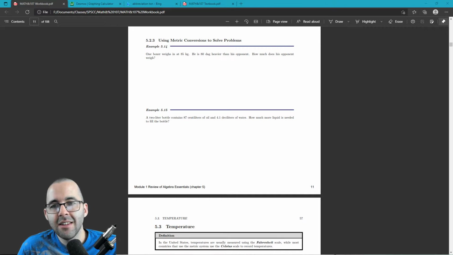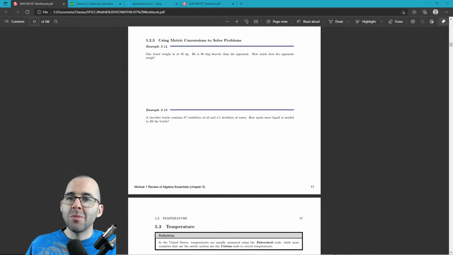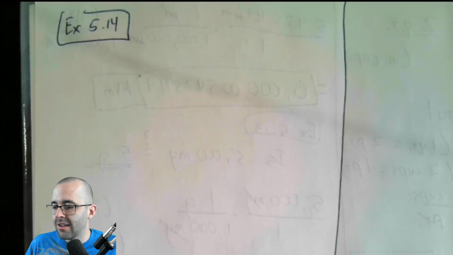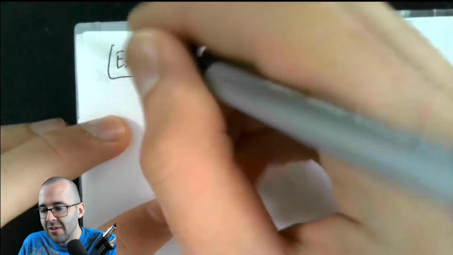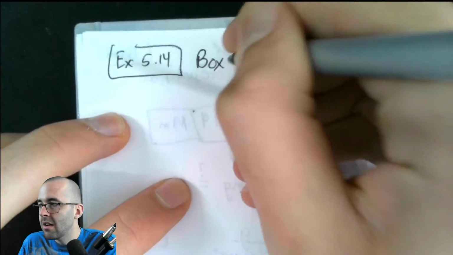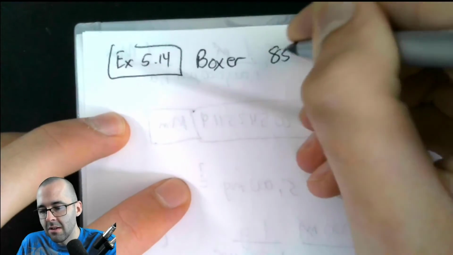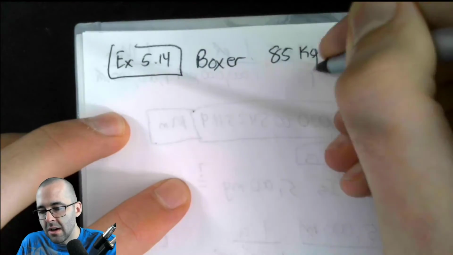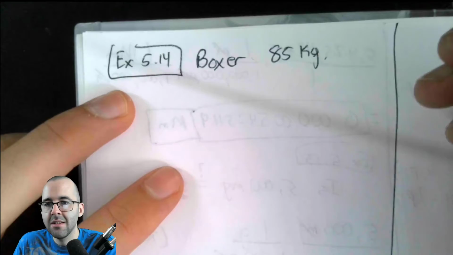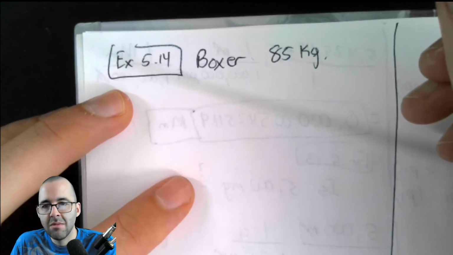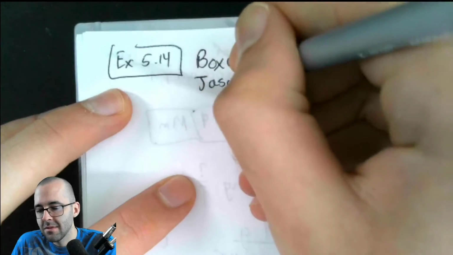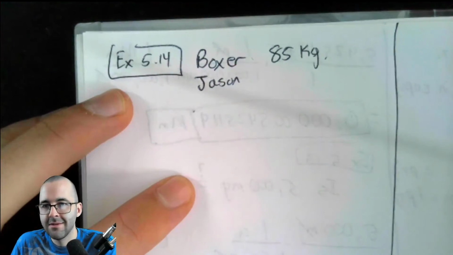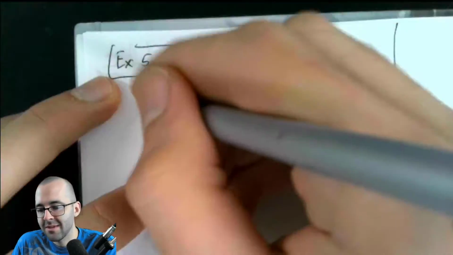Okay. So let's, any application problem, any word problem, write down your information. Okay. So we have a boxer that's 85 kilograms. You can name the boxer. Let's name this boxer Jason. Jason's 85 kilograms.